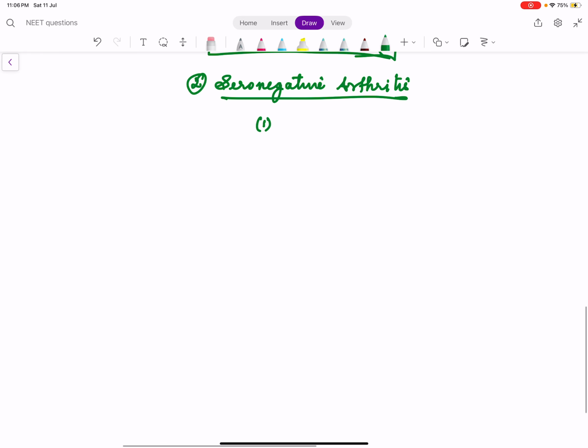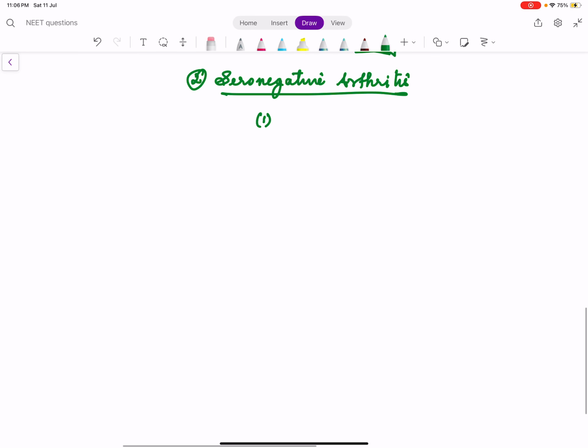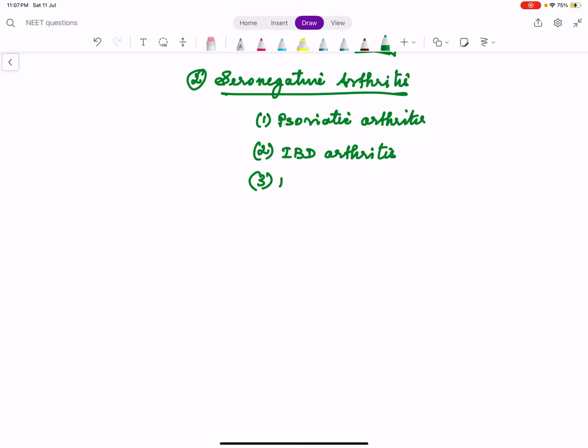There are actually 4 seronegative arthritis. One is axial and 3 are appendicular. They are psoriatic arthritis, IBD arthritis, reactive arthritis.